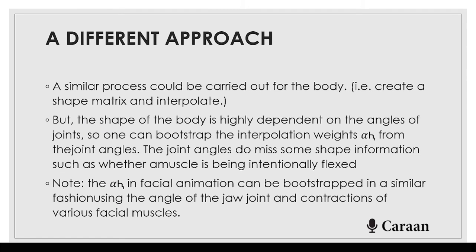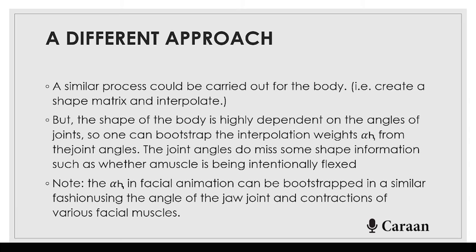A different approach. A similar process could be carried out for the body. For example, create a shape matrix and interpolate. But the shape of the body is highly dependent on the angles of the joints. So one can bootstrap the interpolation weights from the joint angles.